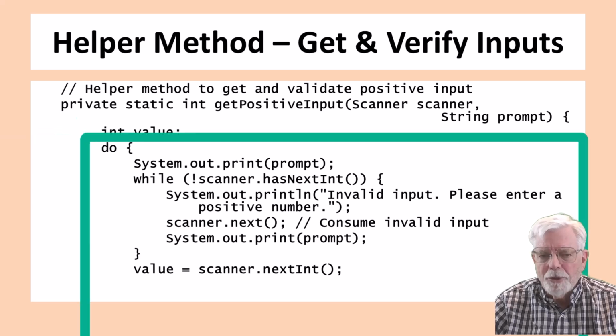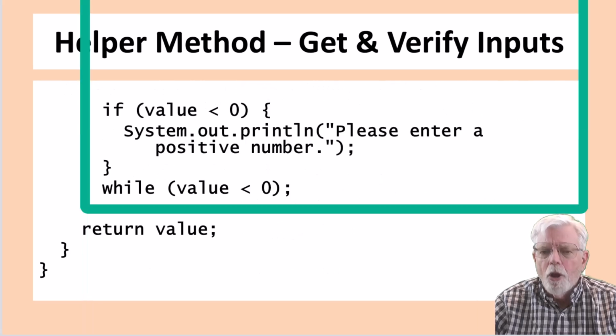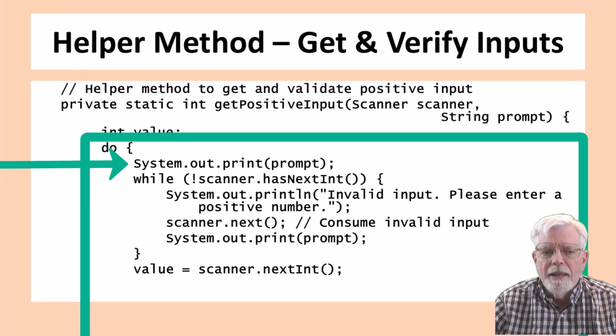A do-while loop is used to keep repeating a block of code that gets input from the user while a non-integer is input, or the value is negative. Look for the do-while loop's close curly brace and the while statement that mates with its open curly brace. Inside the block of code for the do-while loop is the print statement that displays the prompt on the screen.